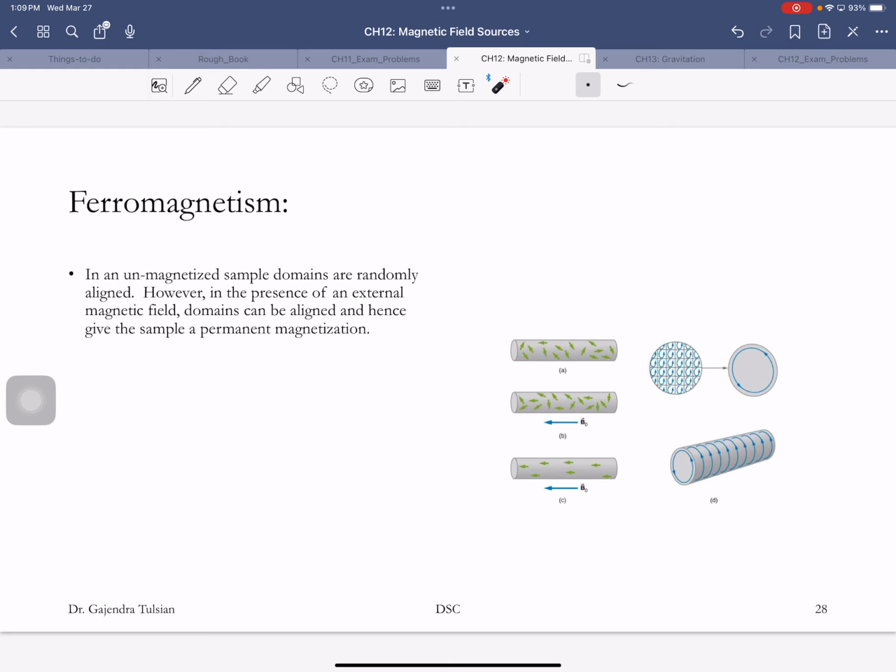So using a current you can make a strong magnet. And if you're tired of it and you want to get rid of it, you can pass an AC current and randomize it again, or hammer it and hit it on the ground and it'll randomize again.